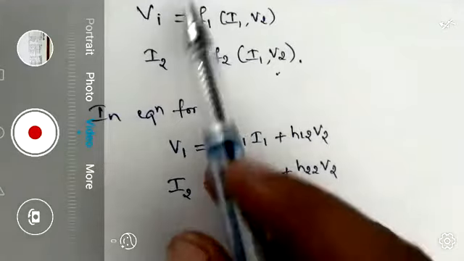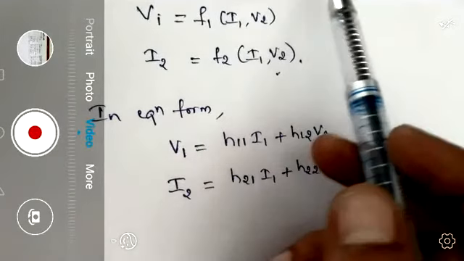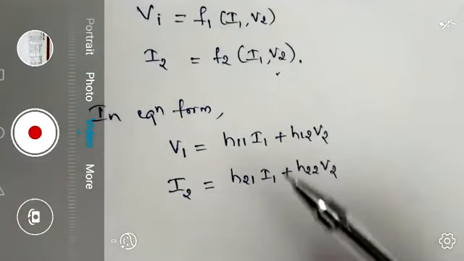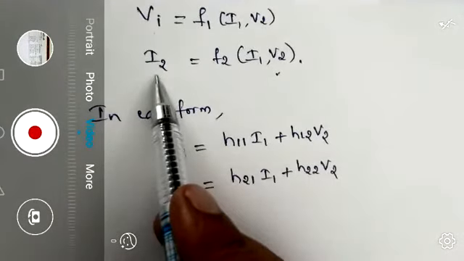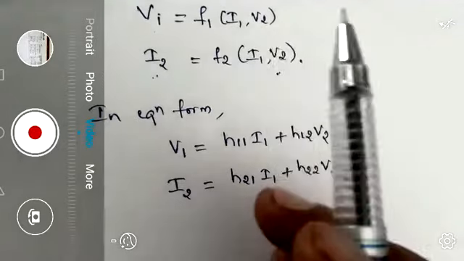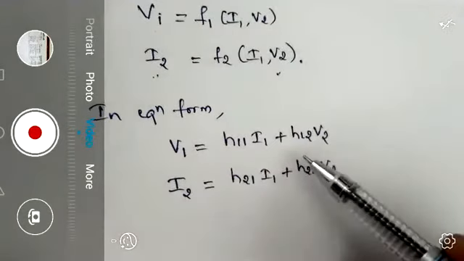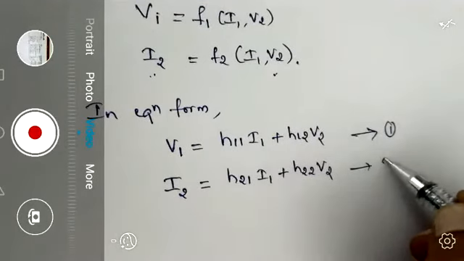In the next part, we are going to discuss why these are called hybrid parameters. V1 and I2 are the dependent variables, expressed in terms of the independent variables I1 and V2. We represent these as equation 1 and equation 2.